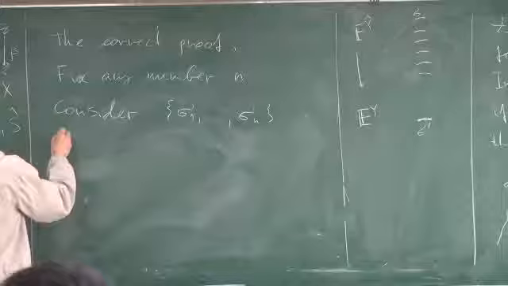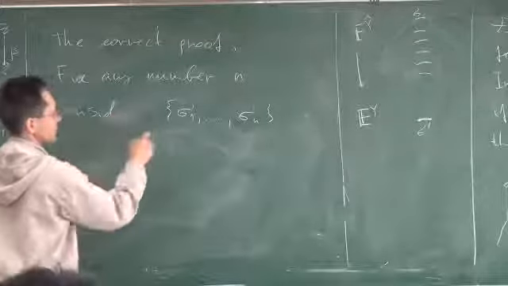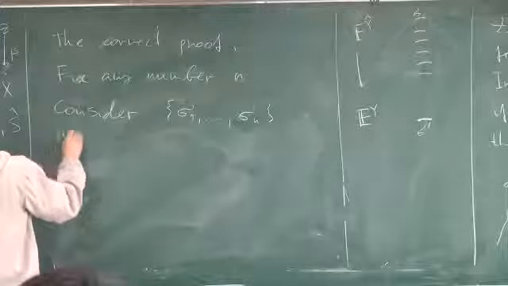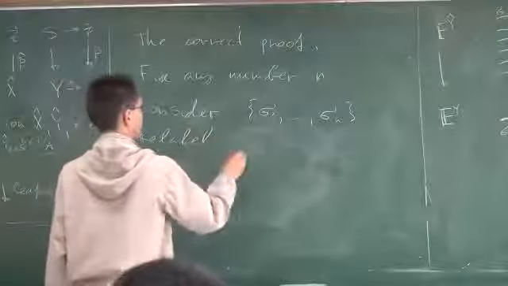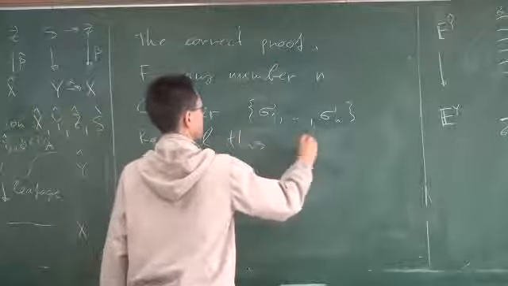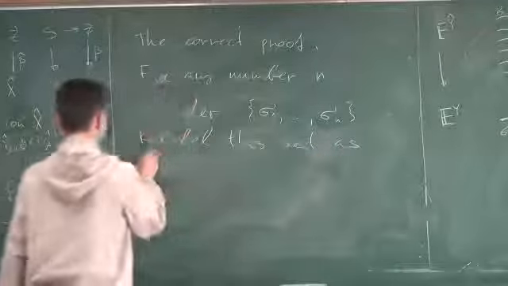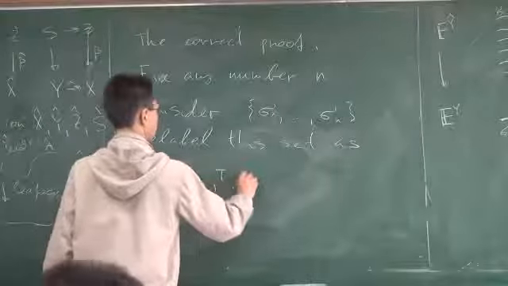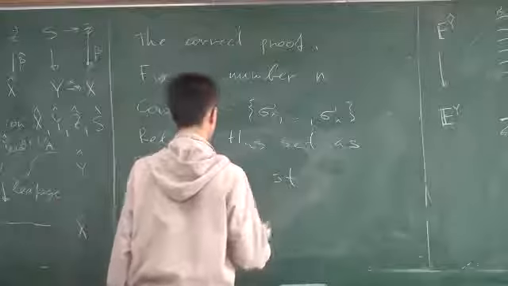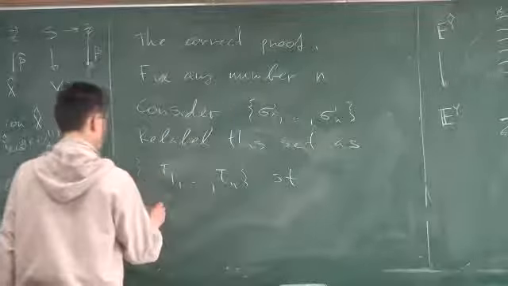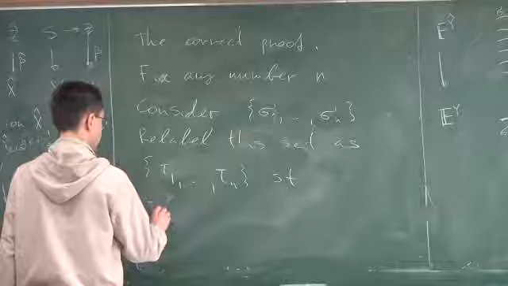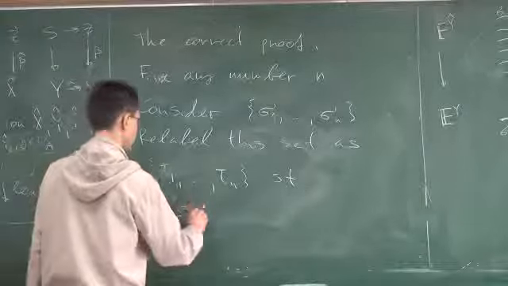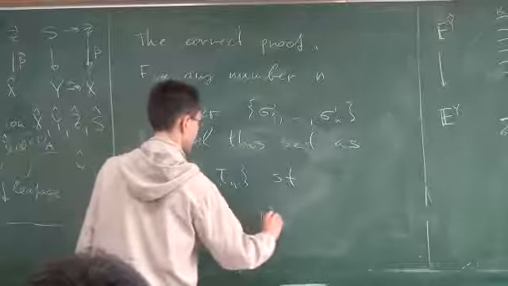So use the order on the set of edges. So relabel this set as tau 1 up to tau n, such that tau 1 is bigger than tau 2 is bigger than, and so on, tau n.